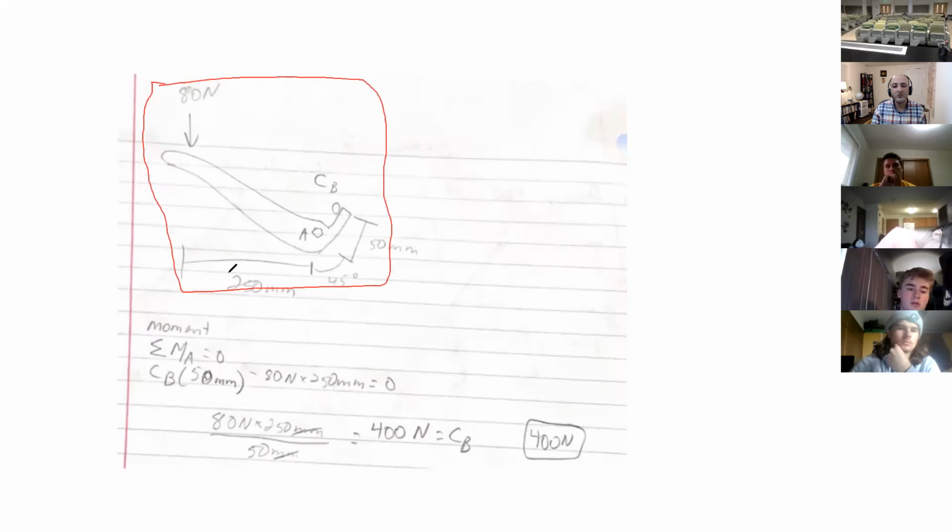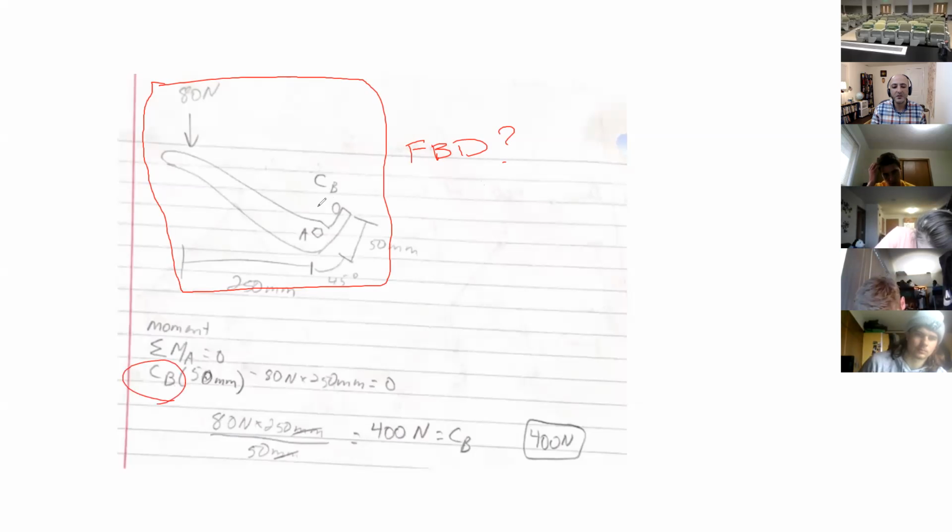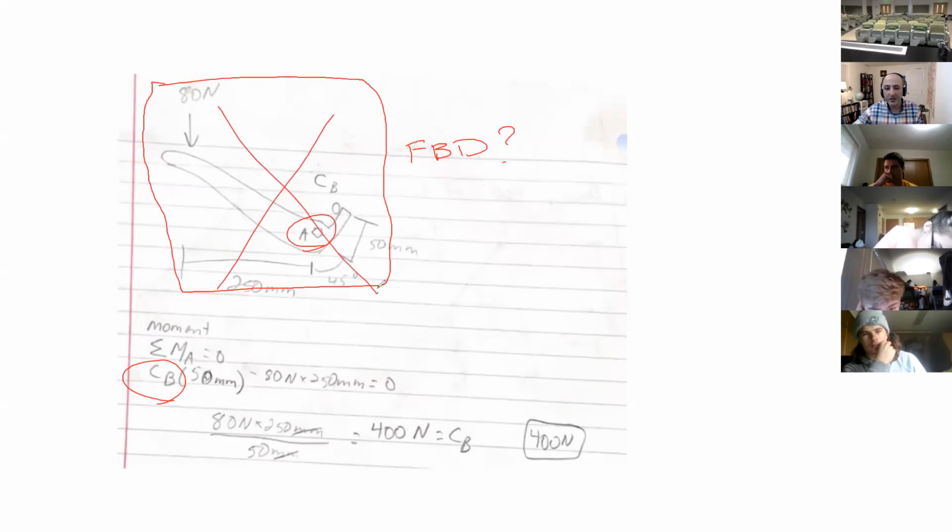But then, where are the forces? Again, you have to think, what is the purpose of a free body diagram? Shouldn't the forces be showing? Okay, there's a CB, so I'm assuming there's a force CB here. Where are the forces on A? So not a free body diagram again. This is not called a free body diagram.